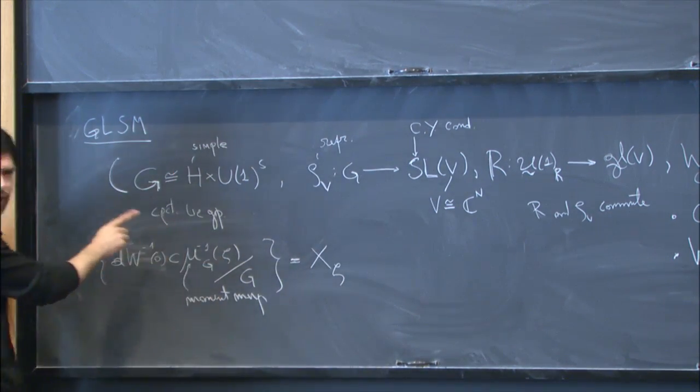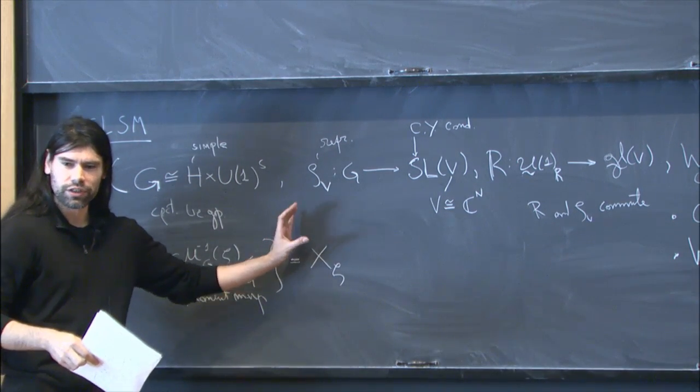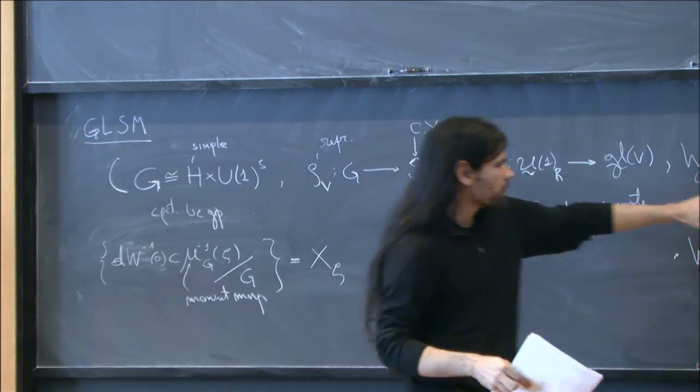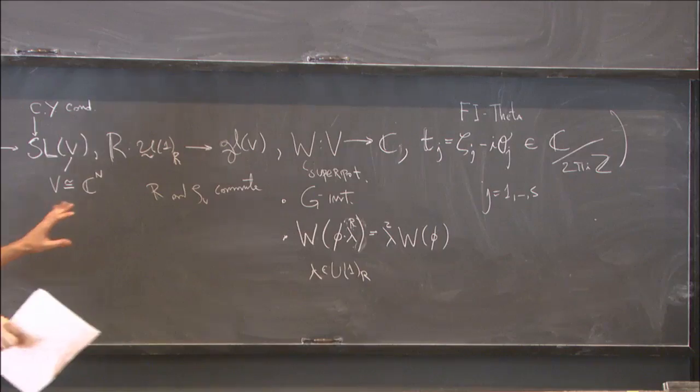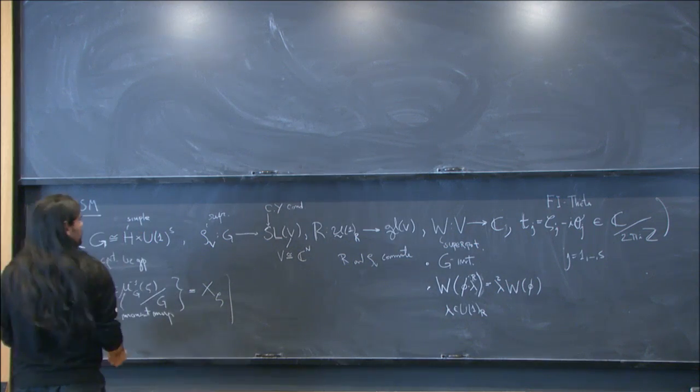So for certain choices, this will be some nice, compact Calabi-Yau, and it's something familiar to you. But for the rest of the parameters, it can be some more complicated manifold, even singular. So we will talk about these in a while.